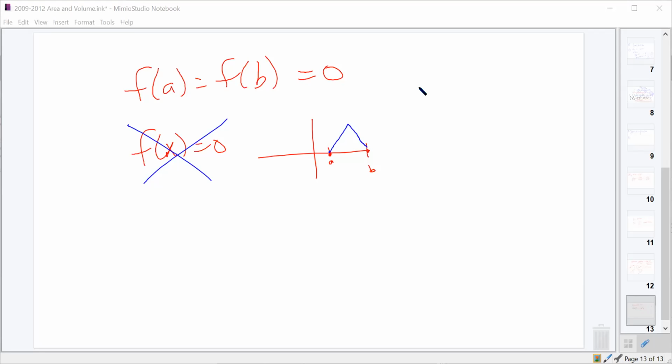92 and 93. Yeah, so 92 and 93, they're talking about the symmetric difference quotient.